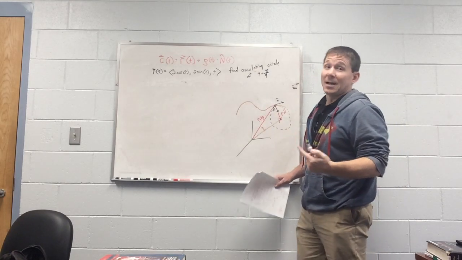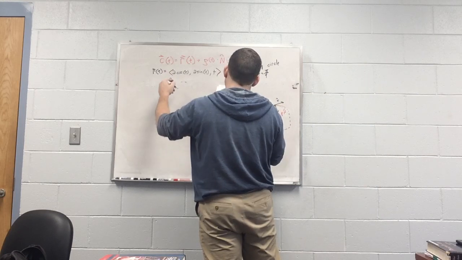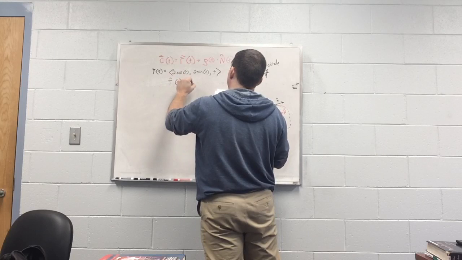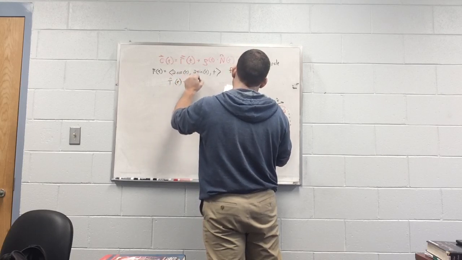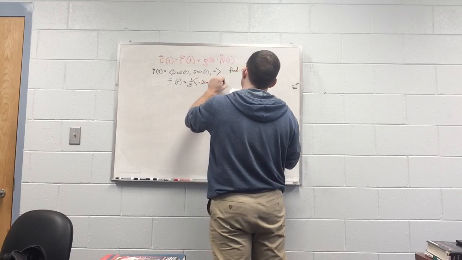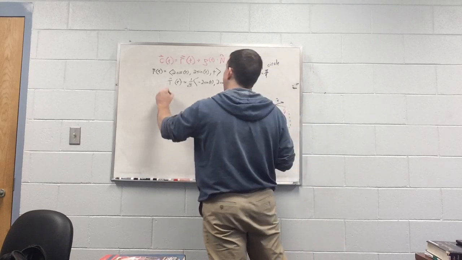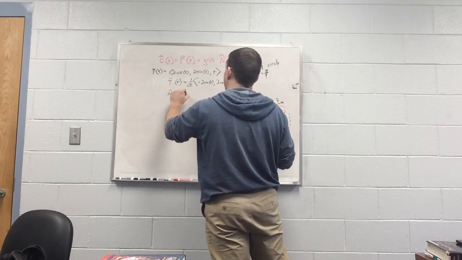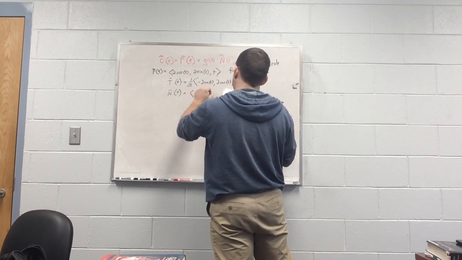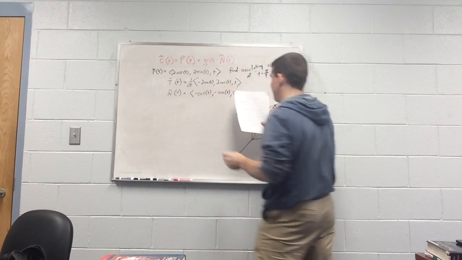So first, you can find, and we've already found these, so I'm not going to do it here, the unit tangent. For this one, it's 1 over root 5 times negative 2 sine t, 2 cosine t, 1. From that, I can get the unit normal, which for this was negative cosine t, negative sine t, 0.